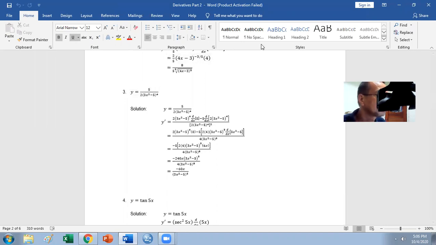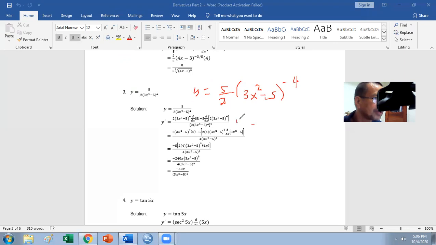Ang gawin mo dito, rewrite this as y is equal to 5 over 2 times (3x squared minus 5) raised to the negative 4. O, para iwasan mo mag-quotient. Dito kasi gumamit ng quotient. But it's alright lang din.